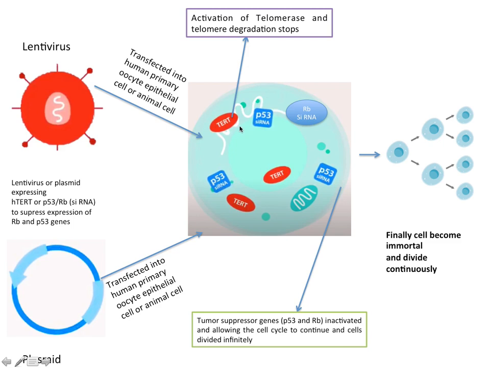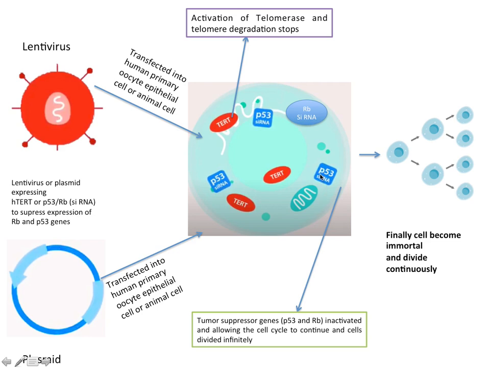Here you can see the hTERT gene is integrated in the host, and once this gene is integrated, the activation of telomerase takes place and telomere degradation stops. On the other hand, the P53 siRNA can inhibit the expression of tumor suppressor genes.